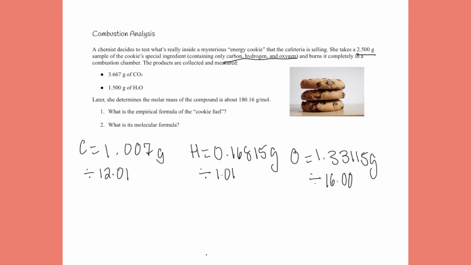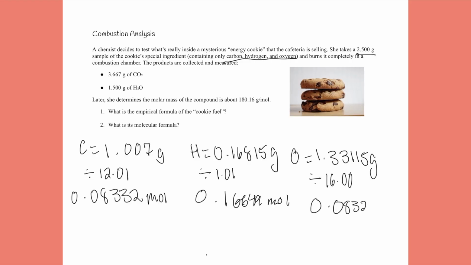And when we do that, we get 0.08332 moles of carbon, 0.16649 moles of hydrogen, and 0.08320 moles of oxygen.